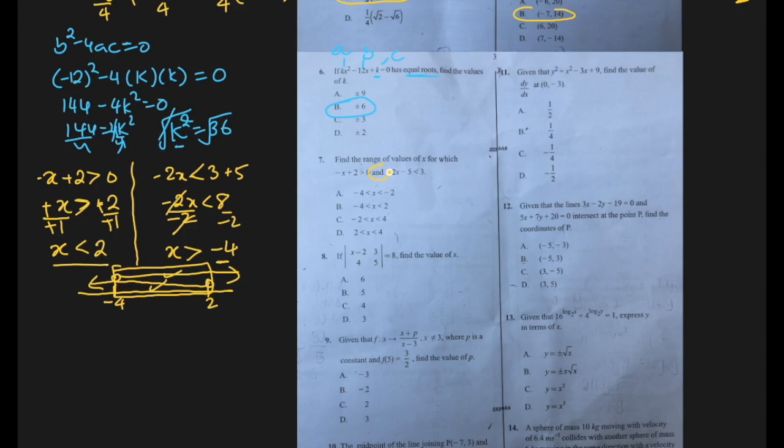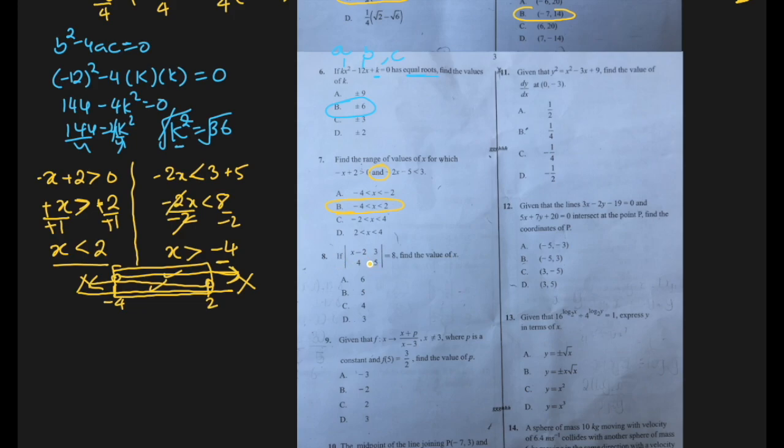And means both of them must be true. Here only one is true. Here only one is true. So that means this middle area is the answer, without equal sign, and there is no equal sign. So minus 4 to positive 2, this will be the answer.